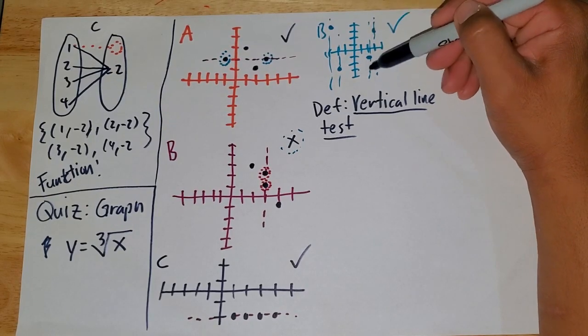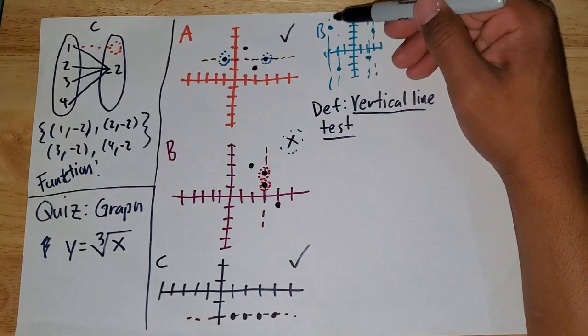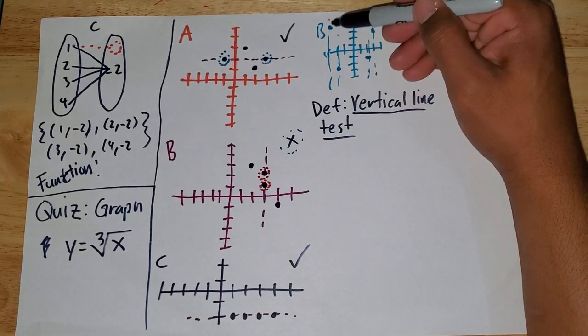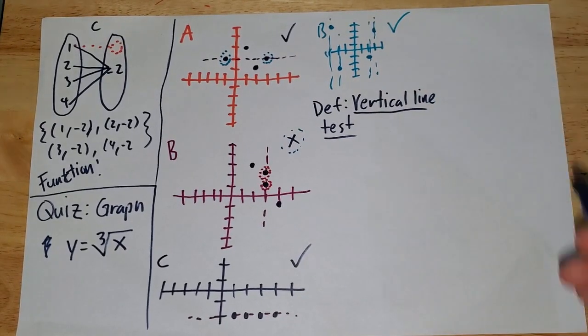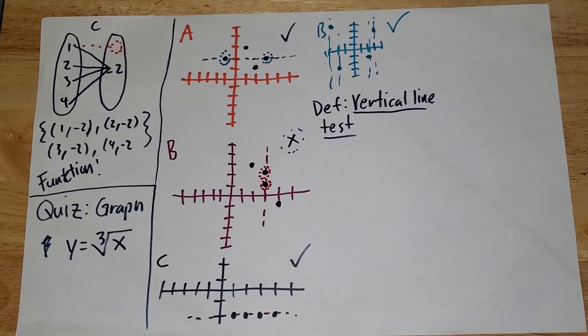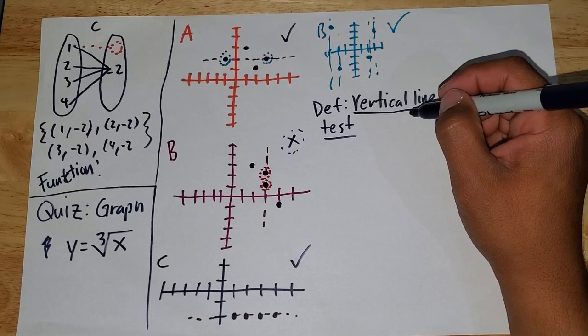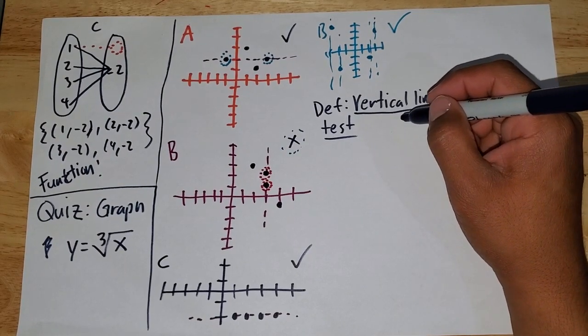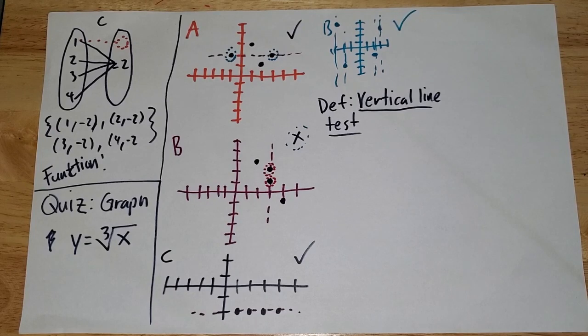There was no other ordered pair on this line but this one. Hence, that's what made it a function. So now I can just use this vertical line test to help me see if any relation, any graph, any equation is a function or not.